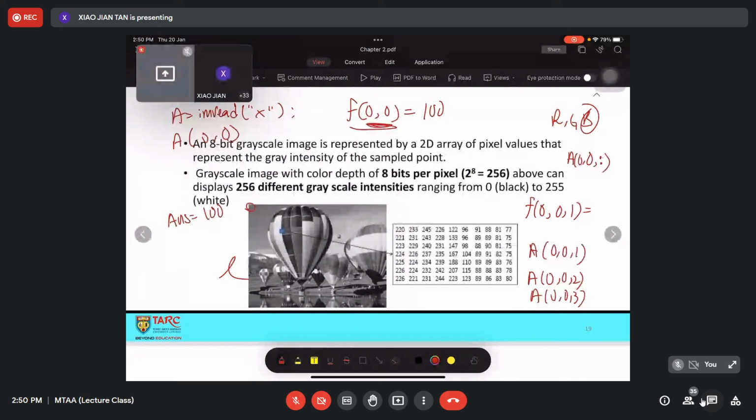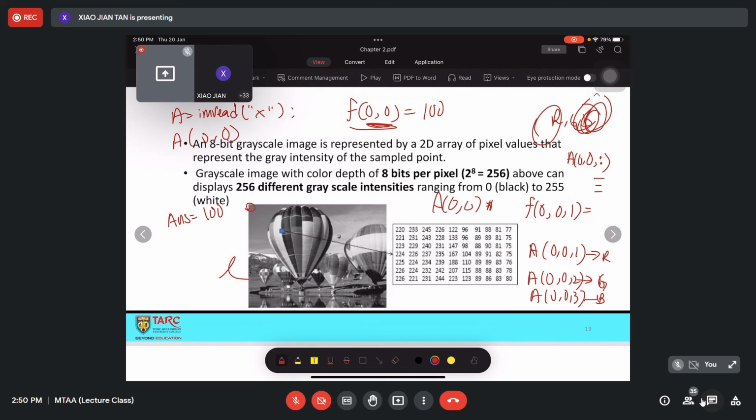So for this one, it will show the value of R, the value of G, and the value of B. For this one, it will show all 3 values. But whenever you only put it this way, A(0,0), it will show only the last value, if not mistaken. I've forgotten whether it is the last value or the first value.